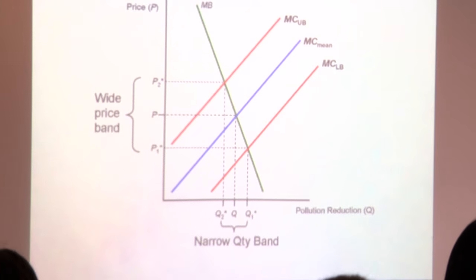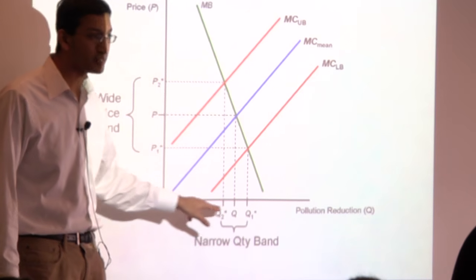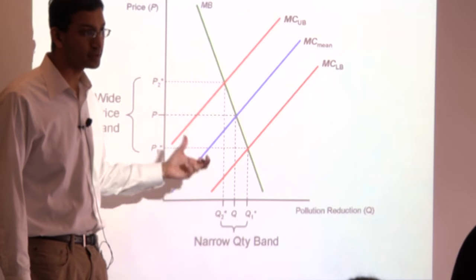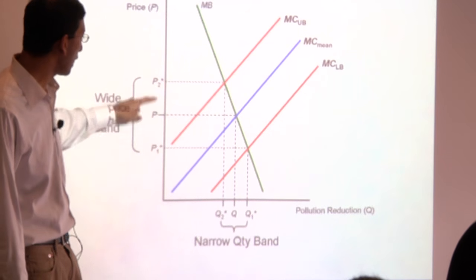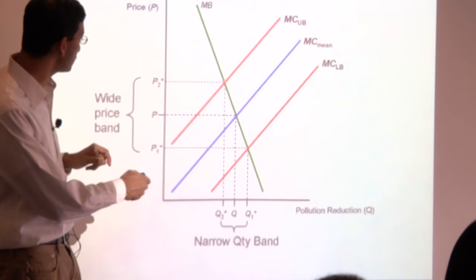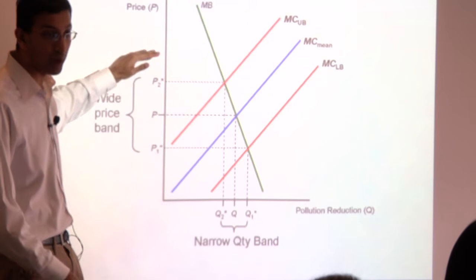One way to think about it is the band of optimal quantities, if you knew what the true cost curve is. When you have a steep marginal benefit curve, the band of potentially optimal quantities is very narrow. In contrast, the band of potentially optimal prices, look at what price you'd need to set to get to the optimum in each of these different cases, is very wide.